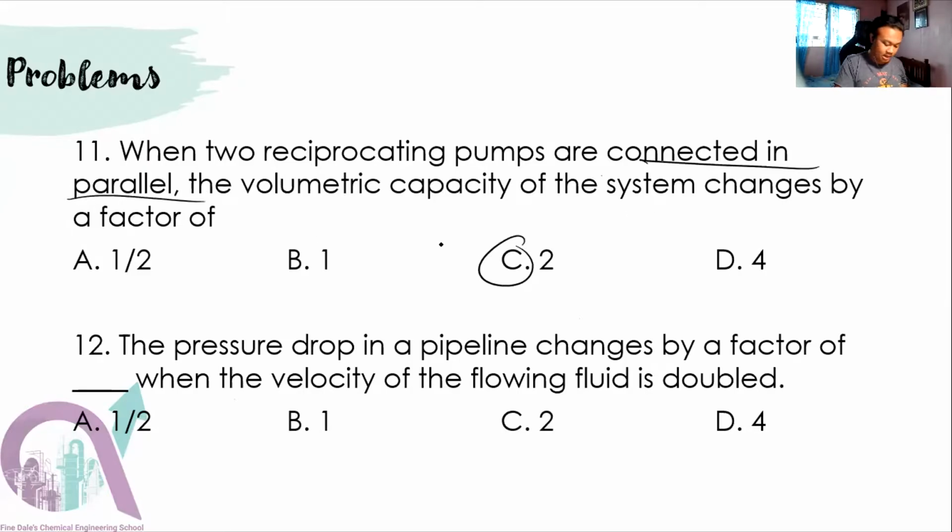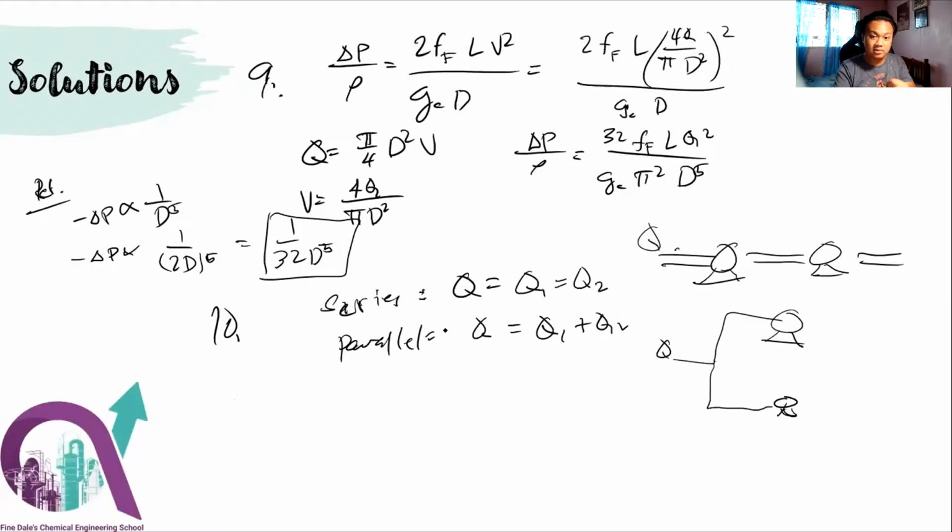So for 12, the pressure in a pipeline changes by a factor of what when the velocity of fluid is doubled? So let's use number 9.